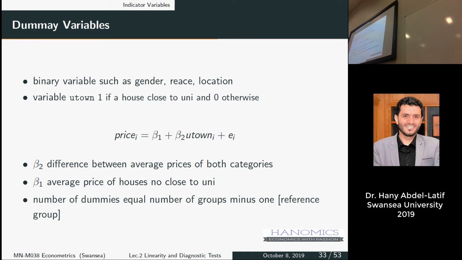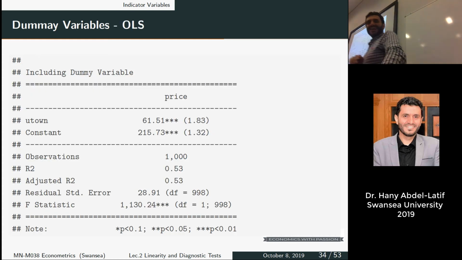Are you sure? Are they 12? Yes, we have 12 months. So how many dummies? 11. We drop 1 because we want something to compare with. You weren't very sure about 12. Maybe you just follow a different calendar. You have 12 months.